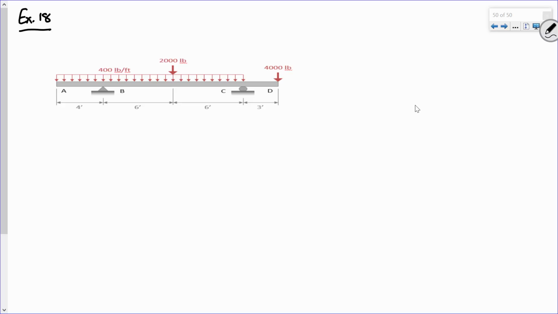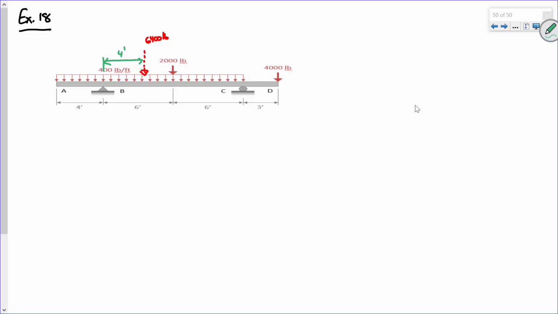So I can collapse that into a single load of, let's say, 6,400 pounds. And what's that dimension going to be? 4 feet. Right? Because from the far left, it's 8. Does that make sense?